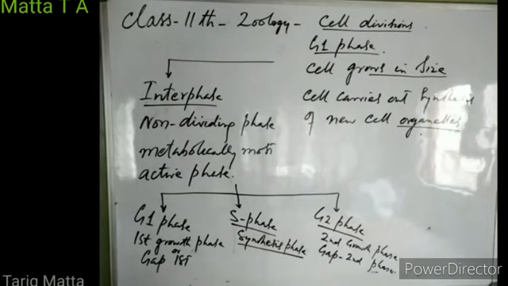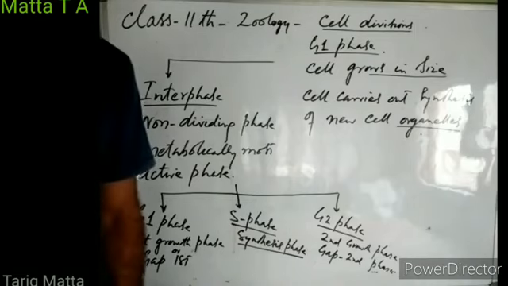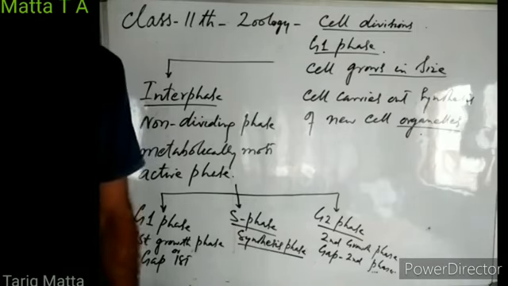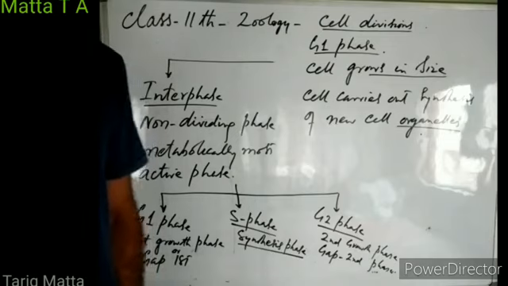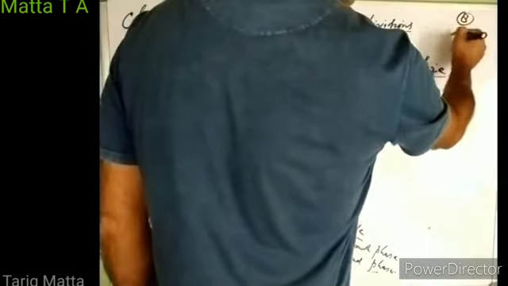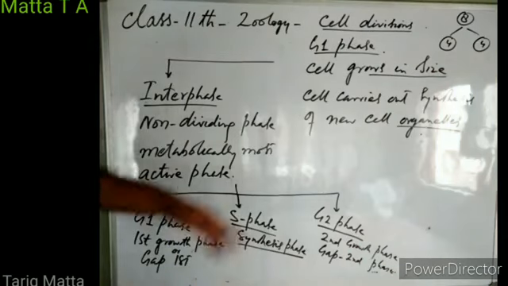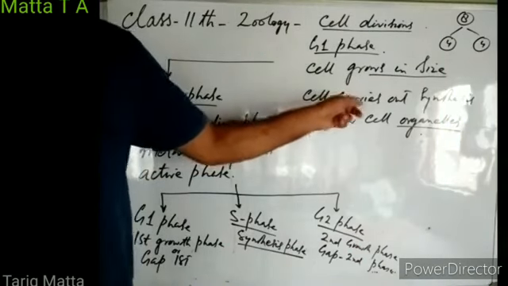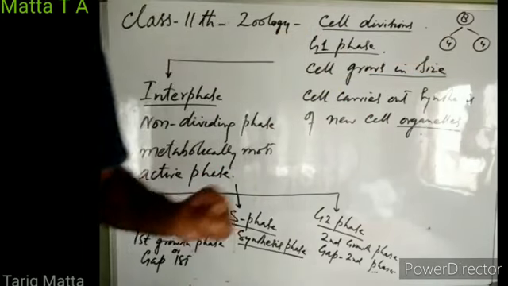For example, mitochondria, plastids. Their number is then restored. When the daughter cell is produced, it first restores the number of mitochondria. In the parent cell, suppose there were 8 mitochondria. When this parent cell divides, it will distribute 4 mitochondria to this cell and 4 mitochondria to this cell, right? So in the first growth phase, the cell synthesizes these new cell organelles.